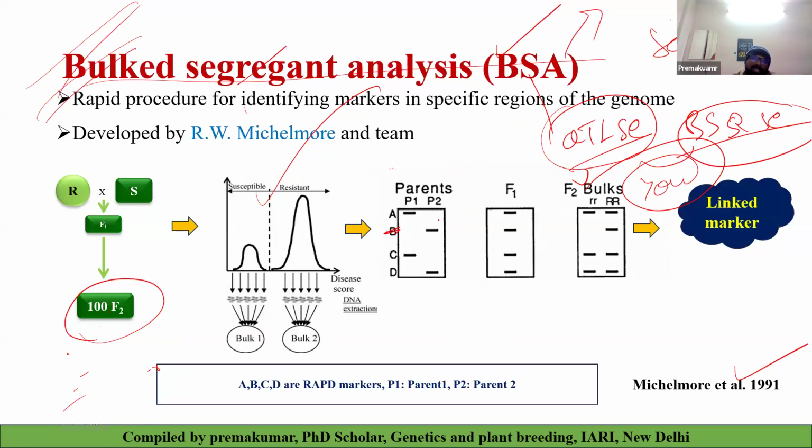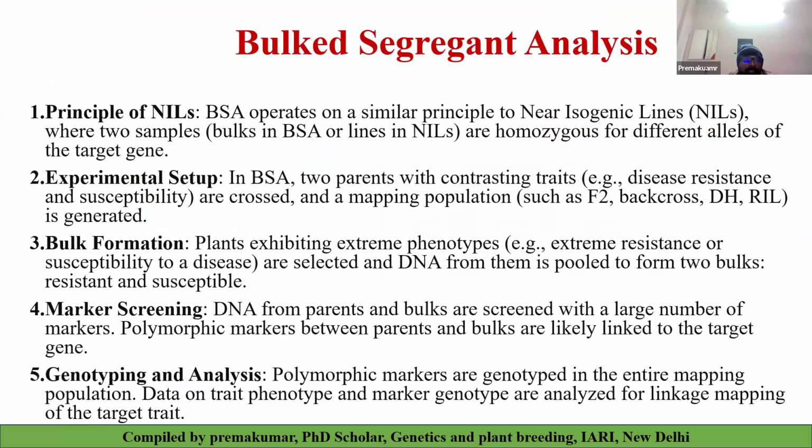I told you the polymorphic marker between the parents and the polymorphic marker between the bulks is the linked marker. Why is it so? Please read it. It is based on the principle of NILs, near isogenic lines.